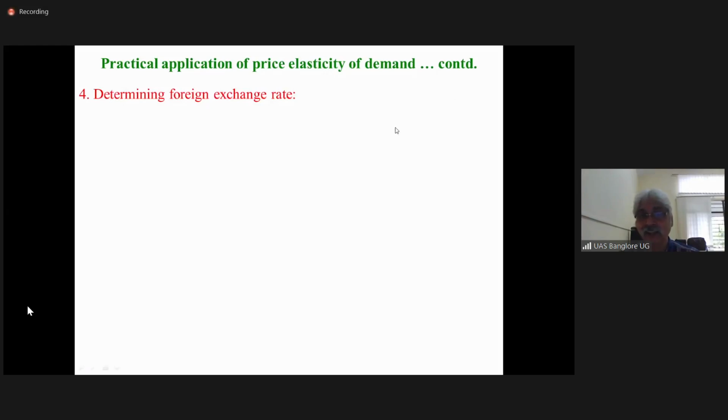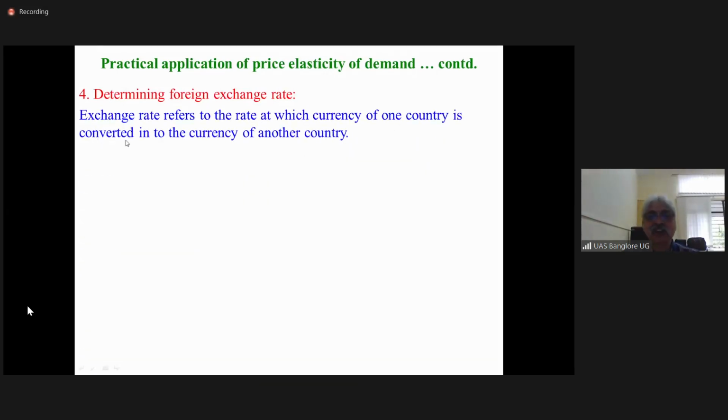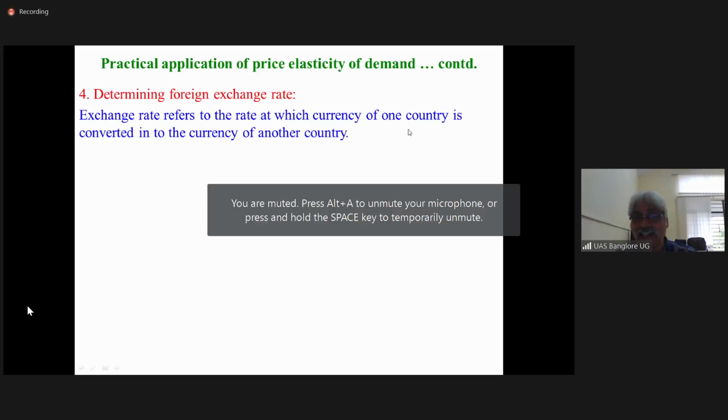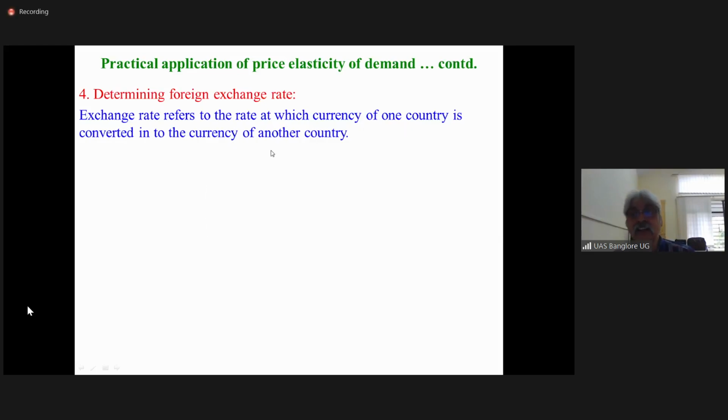So exchange rate refers to the rate at which the currency of one country, your money, rupees in India, dollars in America, and Australia also dollars, is converted into the currency of another country.